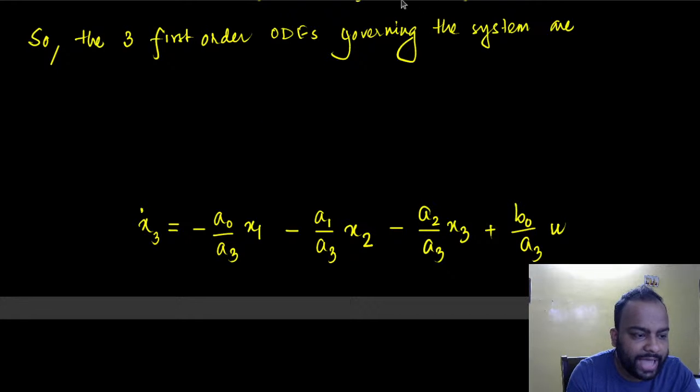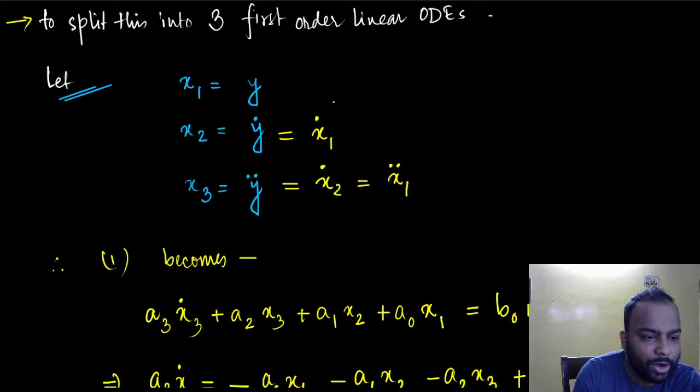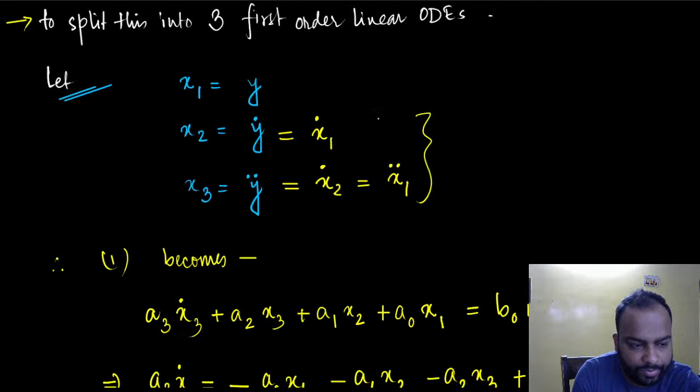And what else do I have? I need to have 3 differential equations, obviously. Okay, 3 first order differential equations. So what else do I have? I already have the other 2 here. Notice very carefully, the other equations are x1 dot is equal to x2 and x2 dot is equal to x3.